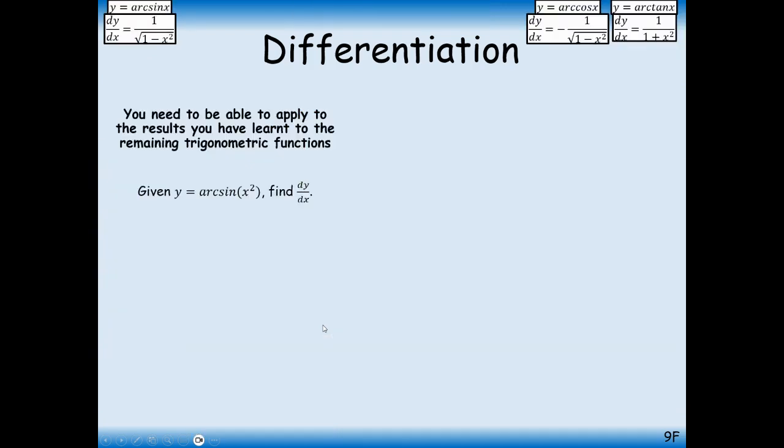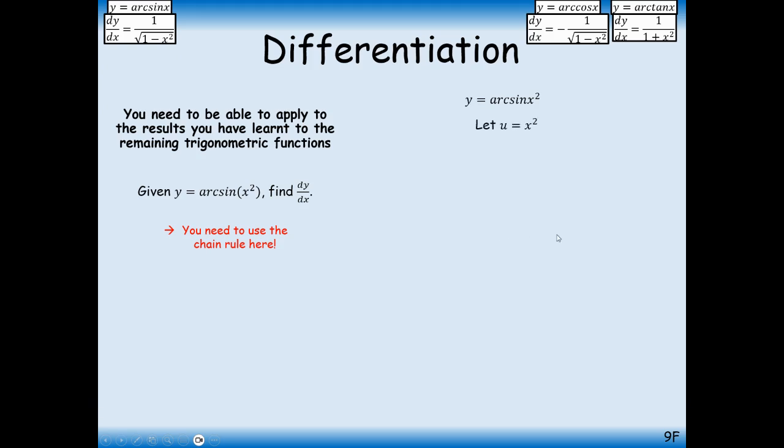Okay, so let's have a look at this example here. We figured out what's the derivative of arcsine, but here we have x squared as the angle, as the input here for this expression. So we do have to use the chain rule.